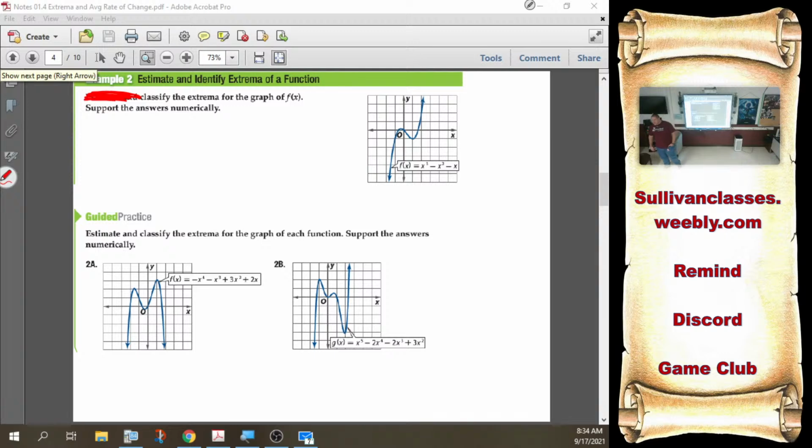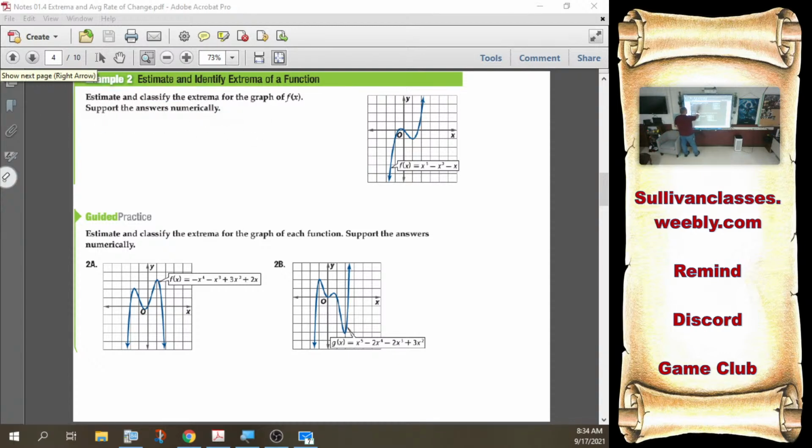We ain't going to estimate because we're just going to do it for real, which is actually going to get rid of multiple examples here. No, just go find the extrema. Y'all been through Algebra 2. Okay, we don't need to support numerically with a table because we're never going to do that. We don't need to estimate because we can find it for real.